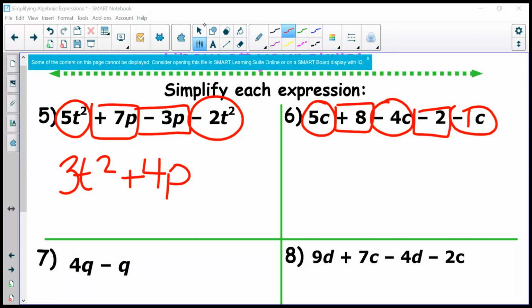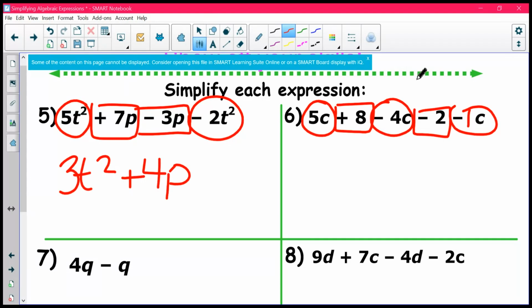So for the c's, we do have 5 plus negative 4 plus negative 1. 5 plus negative 4 is 1, and then 1 plus negative 1 is 0. So that means you have 0c, which means the c is gone. It's canceled out. Then we have 8 minus 2, or 8 plus negative 2, and we get 6.